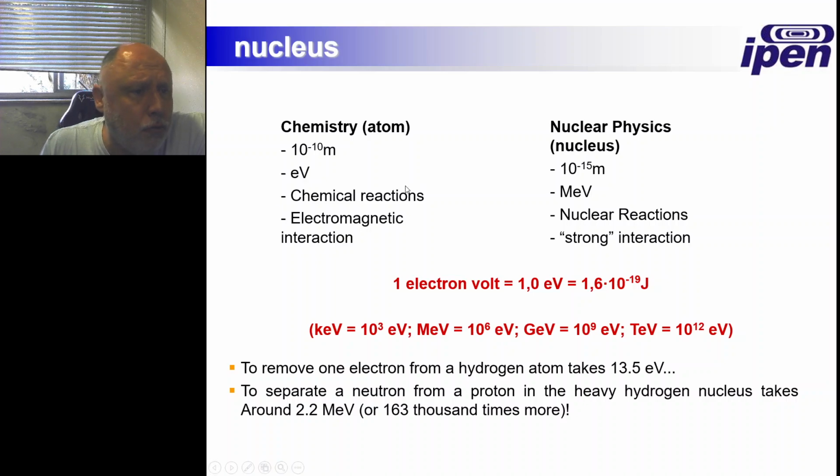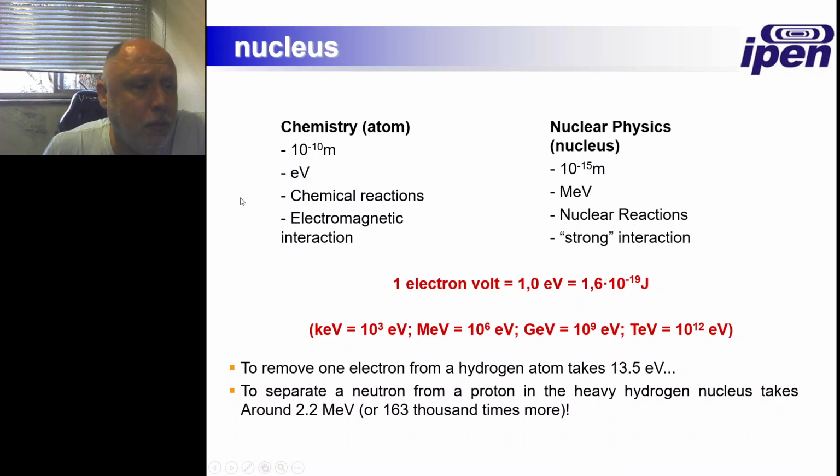And well, in chemistry you have chemical reactions, which are when atoms interact with one another and exchange electrons. In nuclear physics we do have nuclear reactions, which are when nuclei interact with each other and exchange nucleons. Not the best definition, we'll talk about nuclear reactions later, but that's the idea.